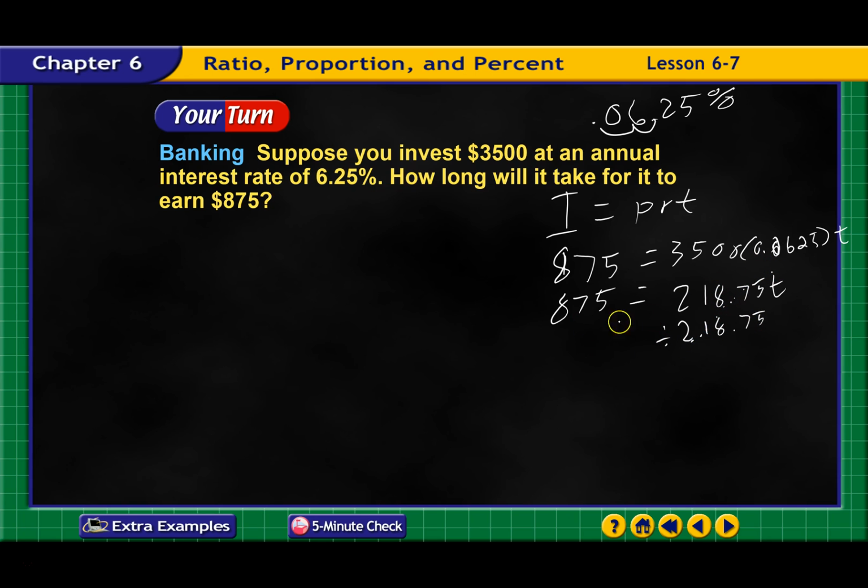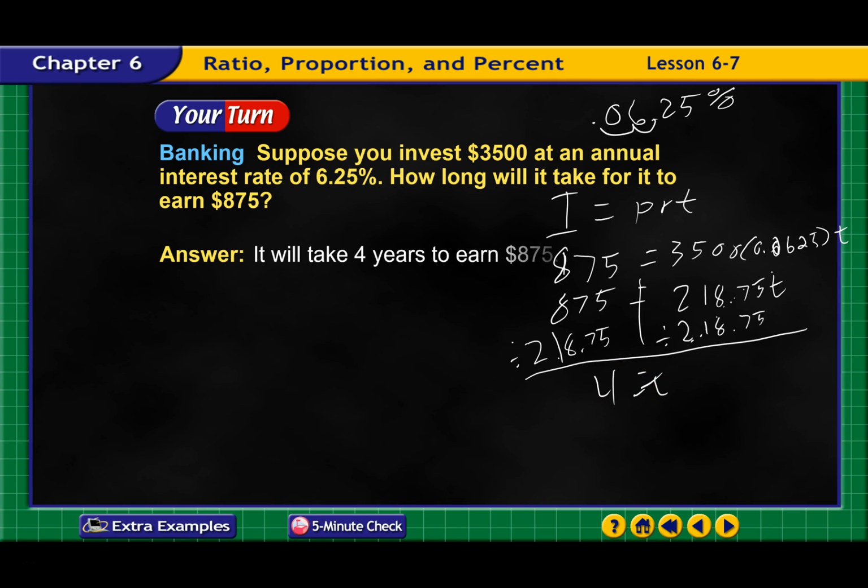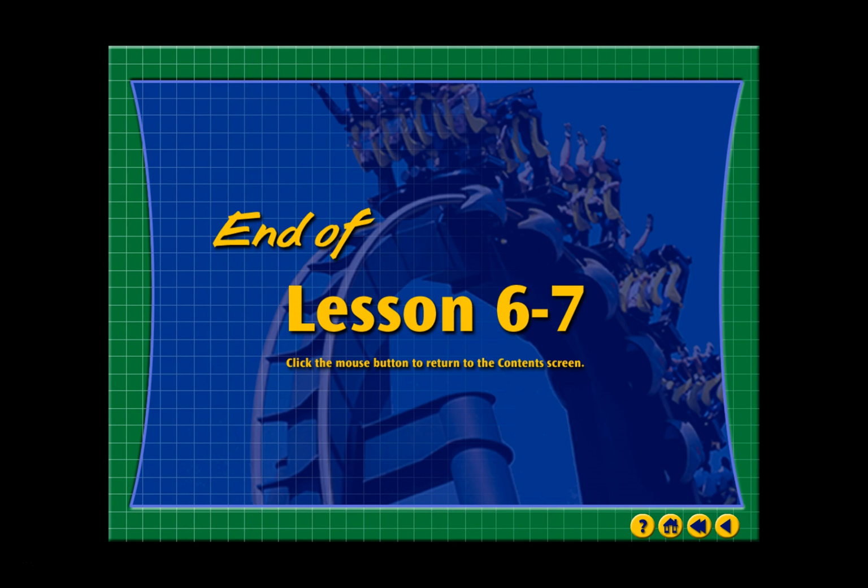Those two will cancel. Divide by 218.75. So let's put that in my calculator. 875 divided by 218.75 equals 4 equals t. So it'd be 4 years to earn $875. And that's all she wrote. See you in class.